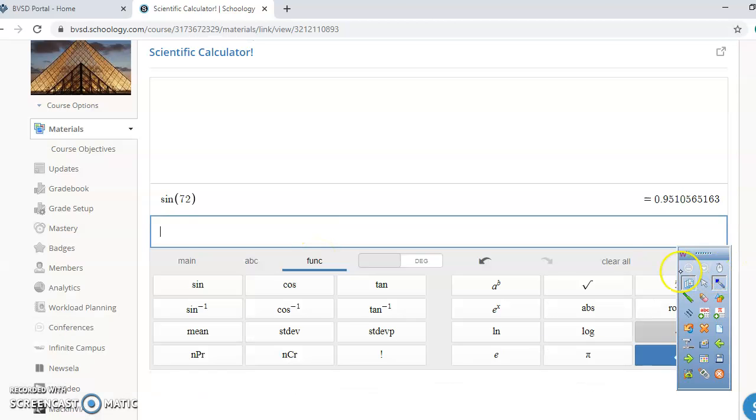Other trigonometry options pop up here: sine -1, cosine -1, tangent -1. Those are your inverse trigonometry buttons. If you're on a normal calculator, you hit the second button and then sine, and that'll give you inverse sine.